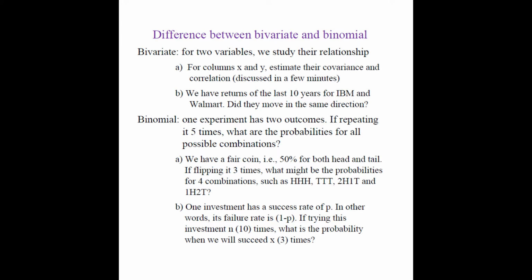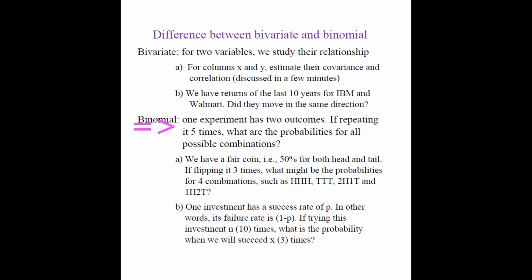Another example, we have the returns of two companies, IBM and Walmart, in the last 10 years, and we want to look at their covariance and correlation. The basic idea is we want to know how strongly they correlate with each other.